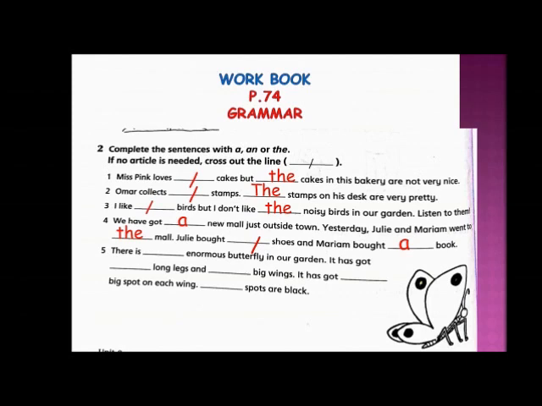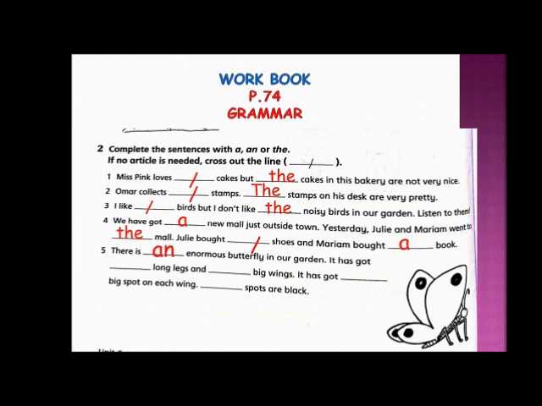Number 5. There is an enormous butterfly in our garden. It has got long legs and big wings. It has got a big spot on each wing. The spots are black. Now, let's think carefully. The word enormous starts with E, one of the 5 vowels. Do you remember them? A, E, I, O, U. So we should start with an enormous butterfly.